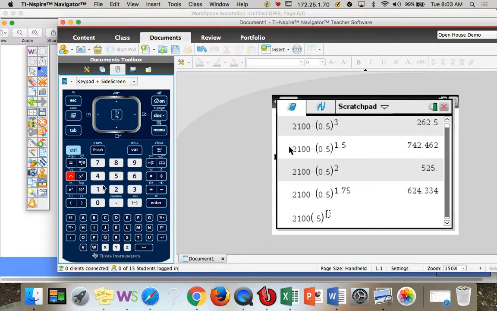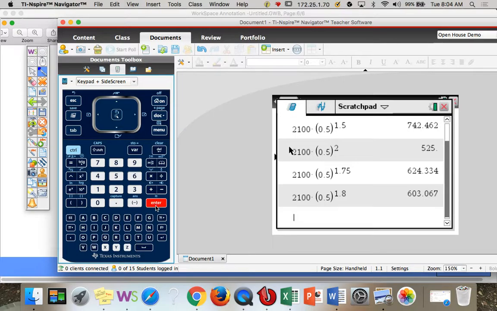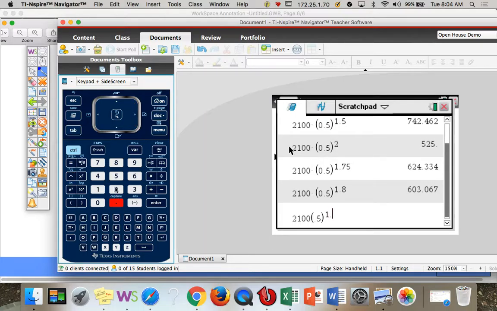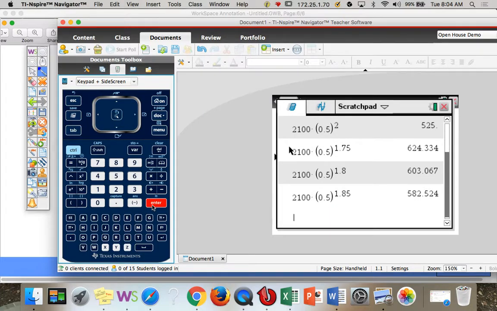Let's try 1.8. All right, I'm going to say 1.8 is pretty close. I'll try a little bit more. About 1.85. Nope, that's a little bit further away. How about 1.81?